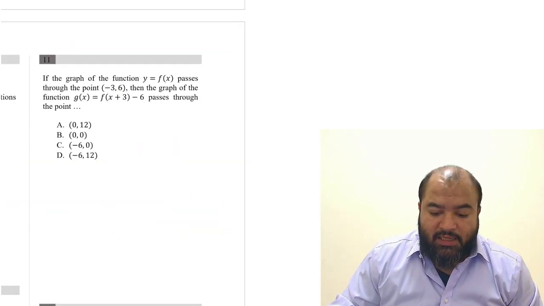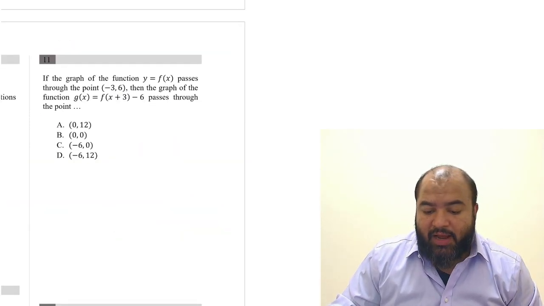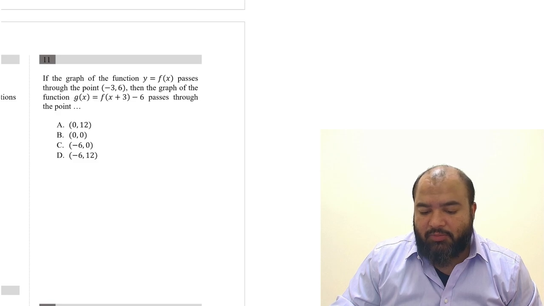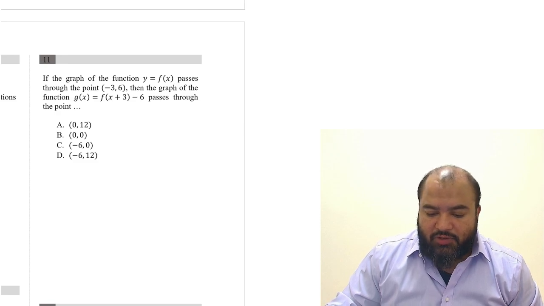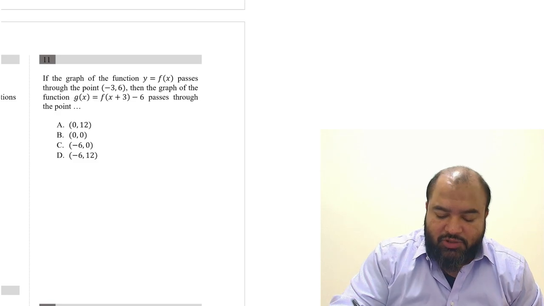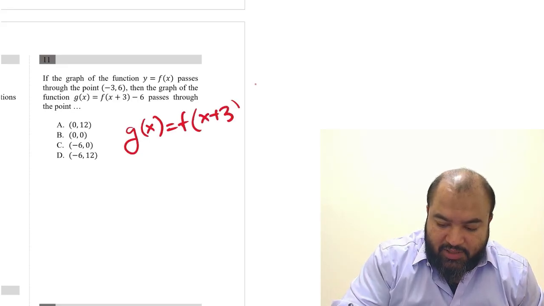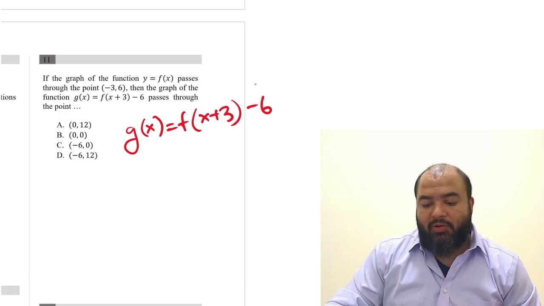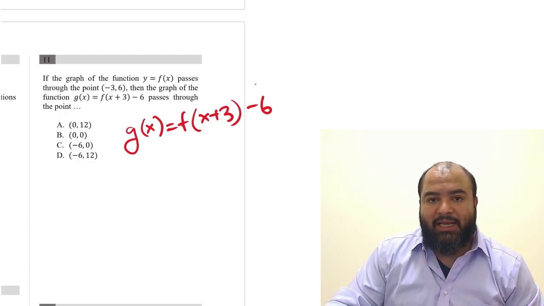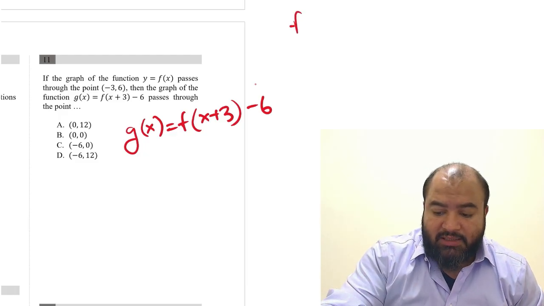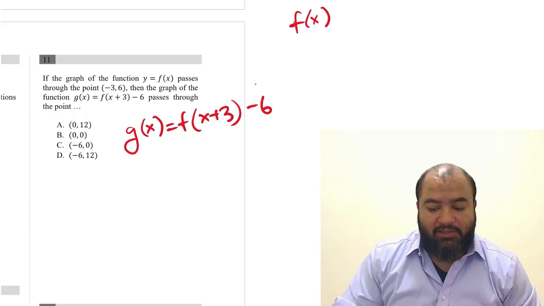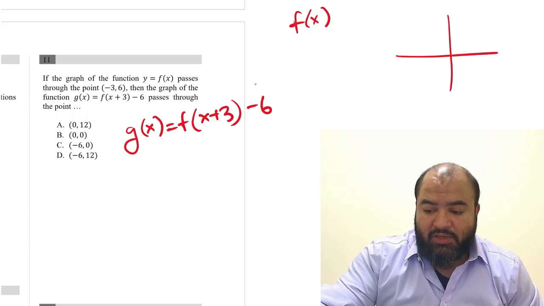Now they said, question 11, if the graph of the function y equal to f of x passes through the point negative 3, 6, then the graph of function g of x is equal to f of x plus 3 minus 6. Now let me tell you something about translating graphs, like moving them around. Let's say if you have f of x, whatever the graph is, let's say something like a parabola.